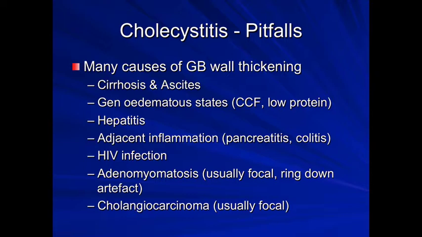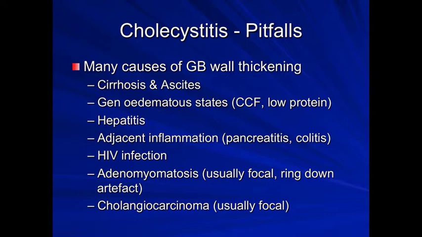Patients with cirrhosis and ascites, the gallbladder wall will often look thick. Any generalized edematous state, such as congestive cardiac failure or in a low protein state from, say, nephrotic syndrome, will cause generalized edema, and that can be reflected in edema of the gallbladder wall.